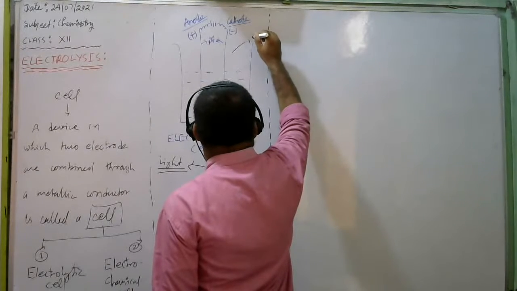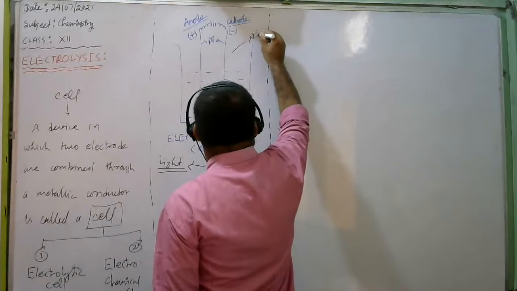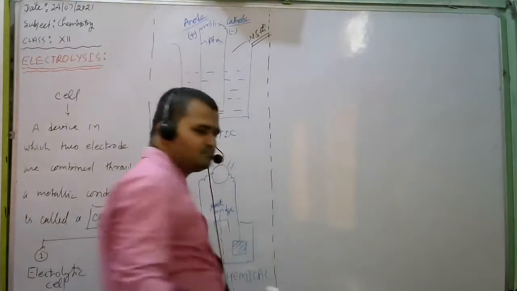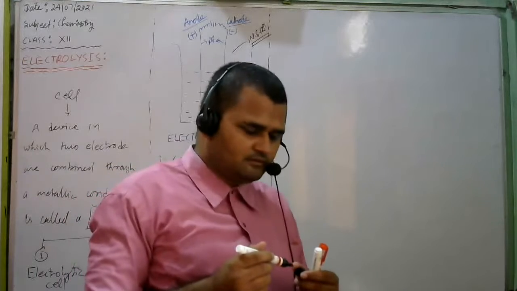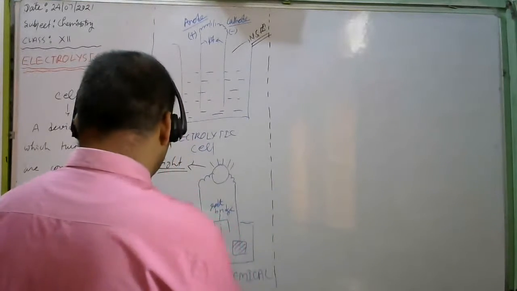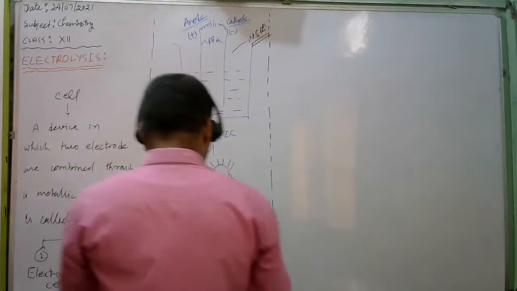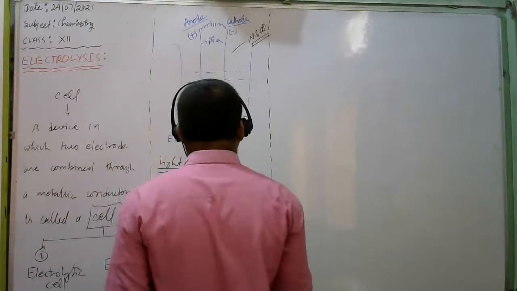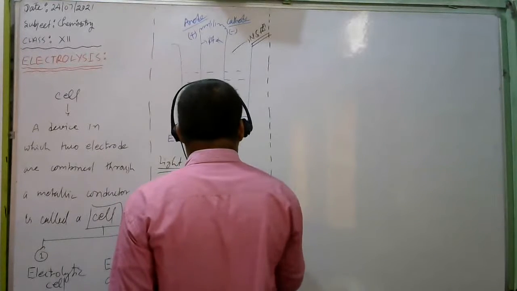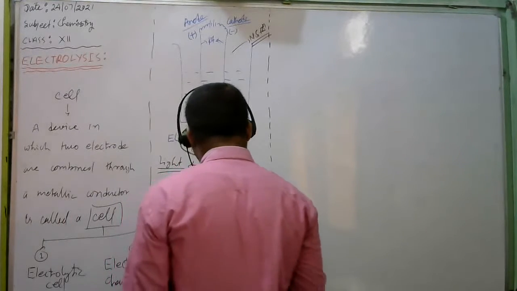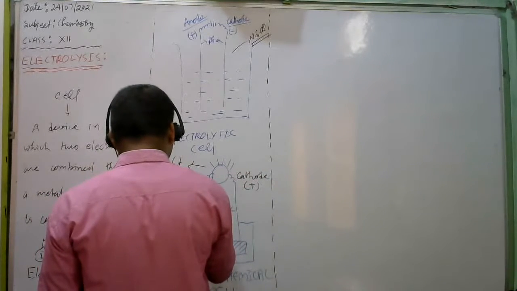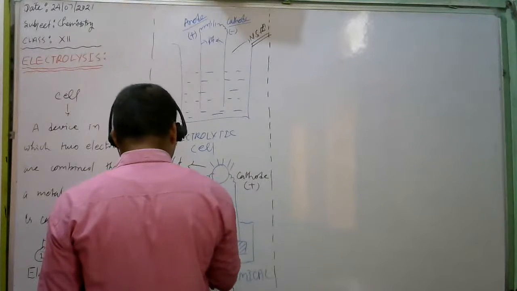This cell is for non-spontaneous reactions. Here the cathode is positive pole and the anode is negative pole.